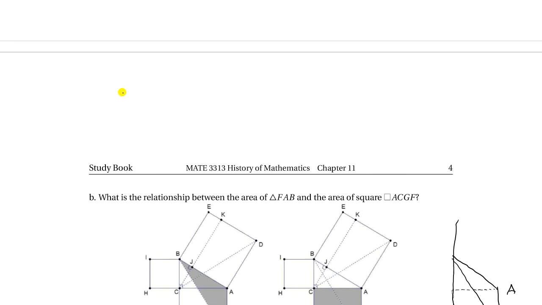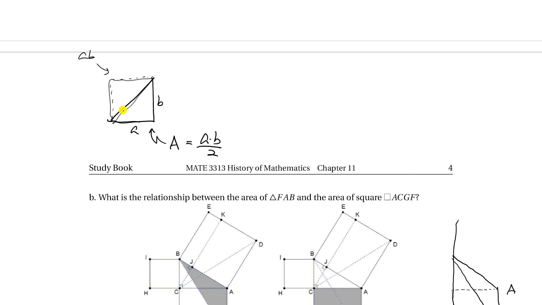When you have a right triangle, let's say with sides A and B, then the area of that triangle is A times B over 2. For the entire rectangle, it's just A times B. So that triangle is half of that rectangle.